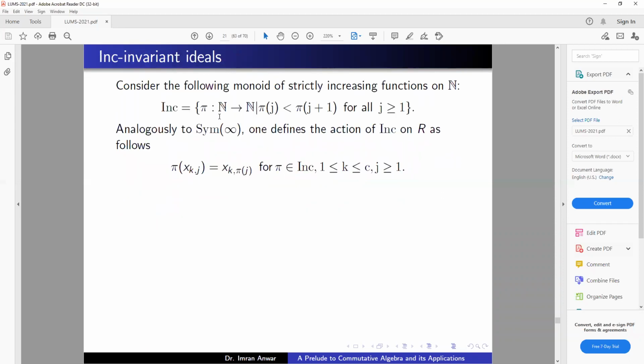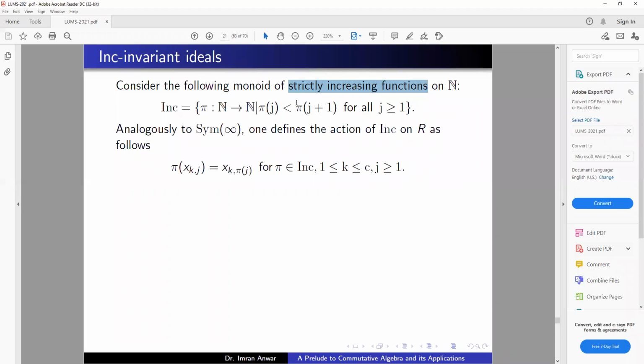This is not the usual symmetry operator. Instead, this is a strictly increasing function on the natural numbers. You are again talking about a permutation, a one-to-one function, but it restricts that two adjacent entries j and j plus 1 map to elements following the same inequality.